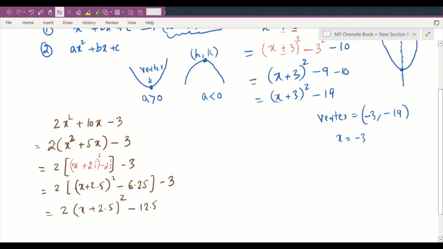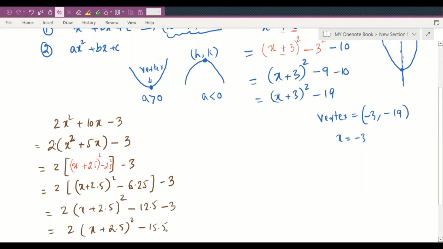We have to multiply 2 with only these two terms, and this 3 is outside the bracket, so it will not be multiplied by 2. It will stay as it is, negative 3. Finally, we will write this as 2 times x plus 2.5 squared minus 12.5 minus 3, which is negative 15.5.